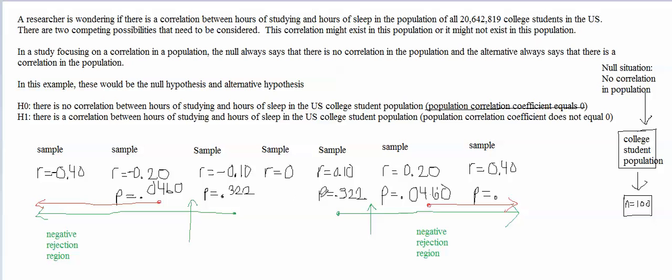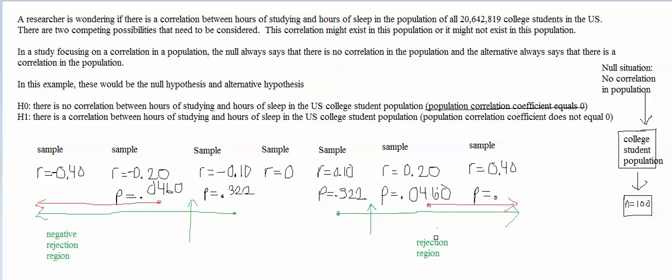Now, I said that the strong positives and the strong negatives are unlikely to be found if the null is true. But where are actually these strong positives and strong negatives I'm talking about? Well, if you go further out here toward the negative rejection region, you're getting stronger. Sorry, I actually didn't do this correctly.